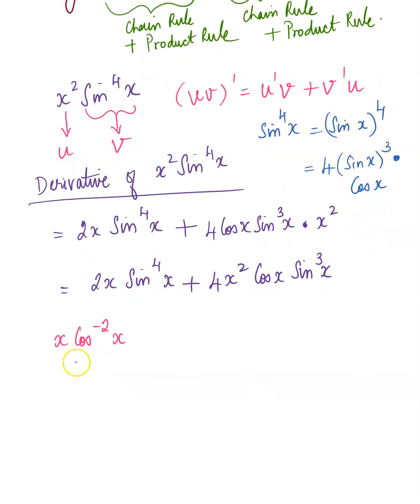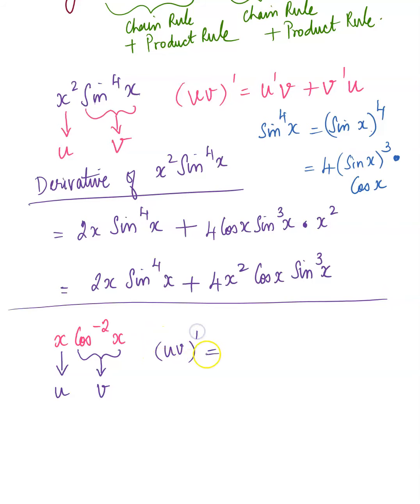Now you can also see this as x over cosine squared x and do the quotient rule, but we've seen that the quotient rule is usually challenging for us because we've got too many terms to keep track of. So I'm going to call this as u and this as v. uv prime is u prime v plus v prime u.